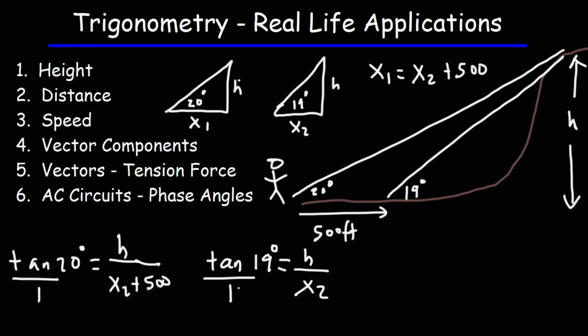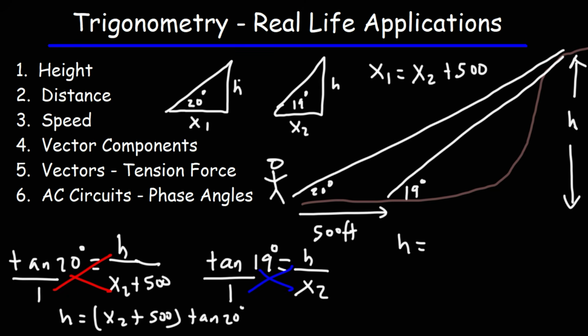Let's put this over 1 and cross multiply. Here we have h is equal to X2 plus 500 times tan 20. For the other equation, we have h times 1, or h, is equal to X2 tan 19.